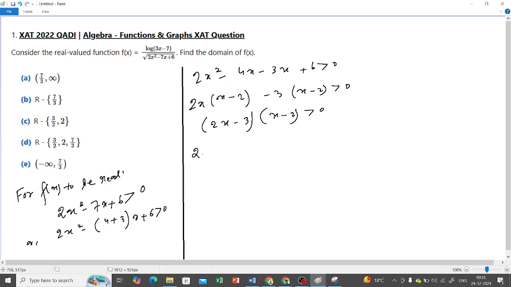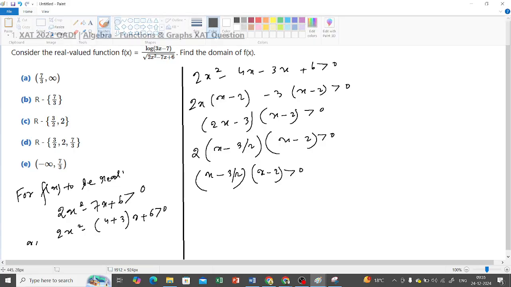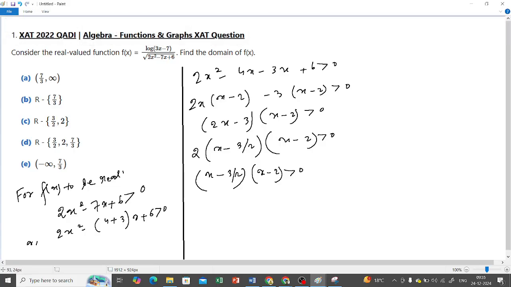Now let me take 2 common. So (x minus 3/2)(x minus 2) is greater than 0.